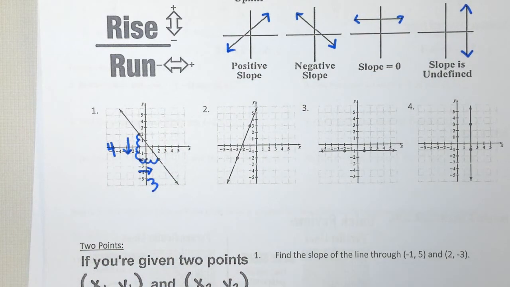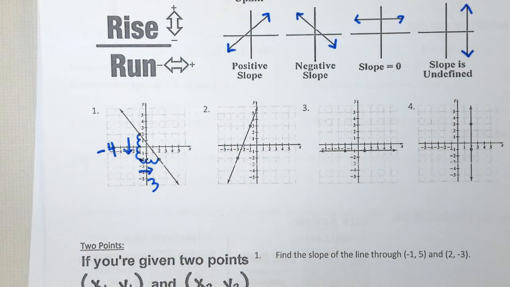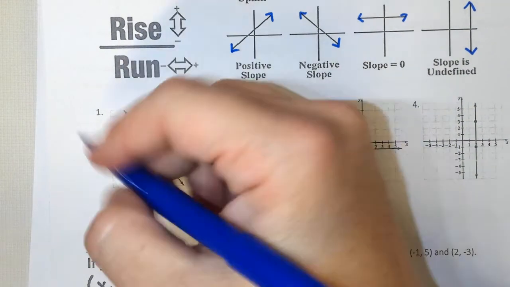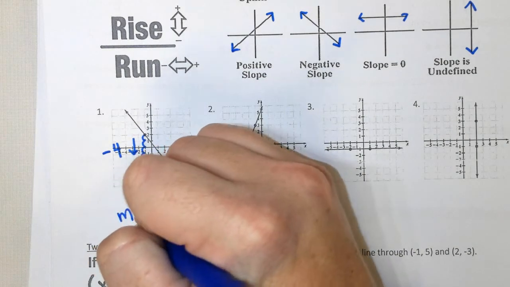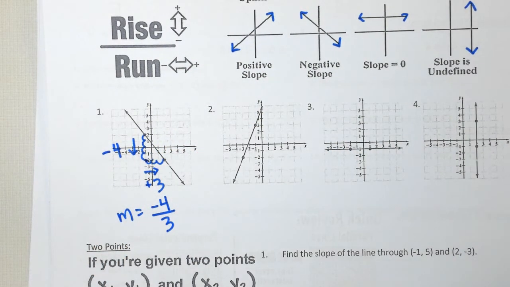Now down, is that positive or negative? And right, is that positive or negative? Positive. So my slope is negative 4 over 3. Does that simplify? No, so there's my slope.